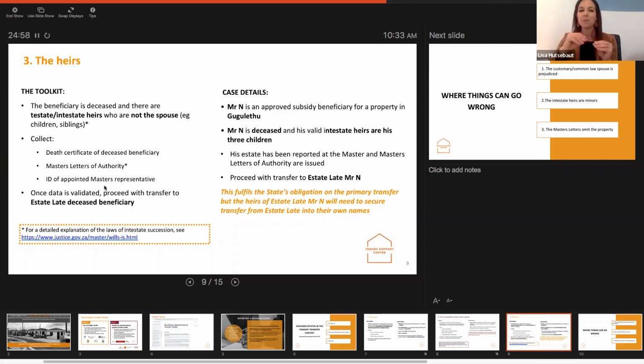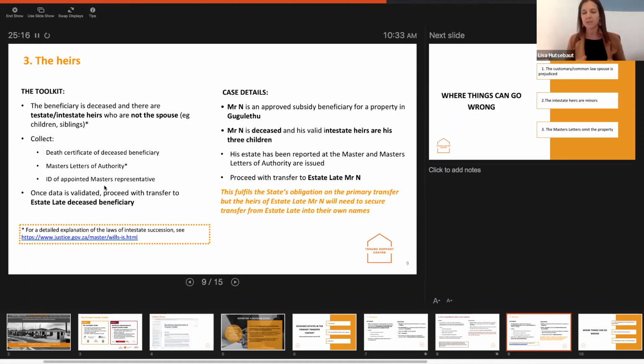So it's very important to advise somebody who might come and see you about this kind of case that what a family thinks should happen in terms of who should end up with the property is unfortunately not what the law says should happen. It's a very important message to get across.